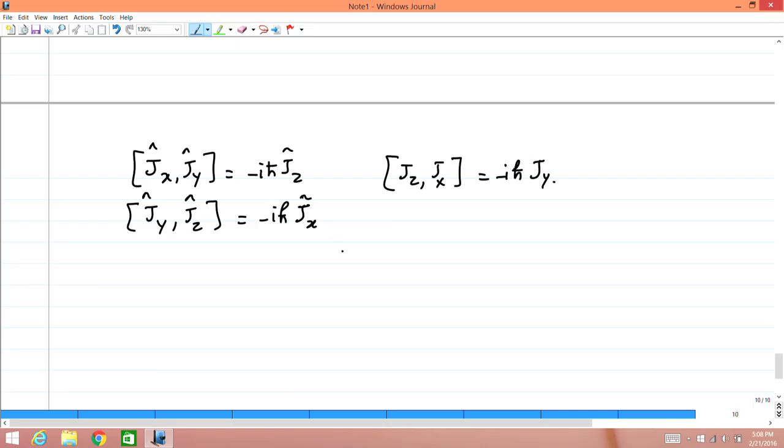All of them commute with the square of the angular momentum operator, whether you write j x or j y or j z, all of them.